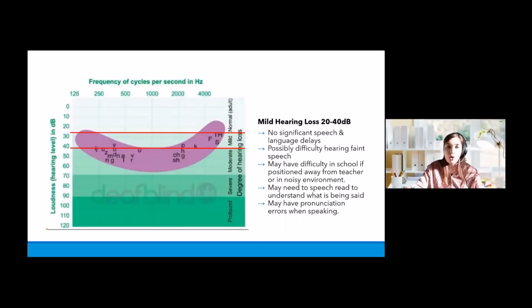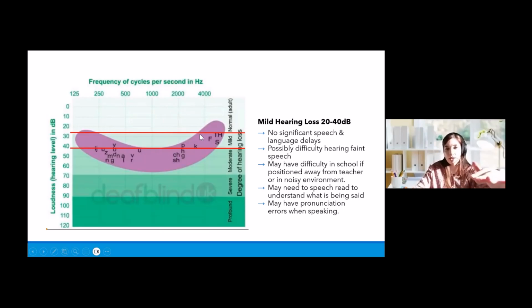So what we have here again is an audiogram, just in a different way, and the speech banana. And this graph represents kind of a mild hearing loss. So when we say a mild hearing loss, it's anywhere in between these two red lines. So if a child has a mild hearing loss of, let's say, 30 or 25-ish, that's about this red line, they can't hear anything above the red line.